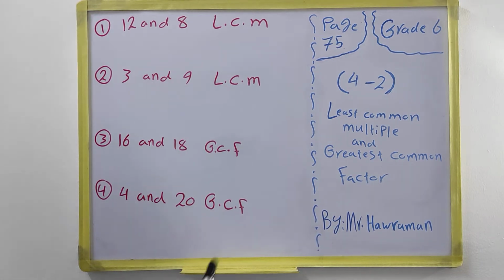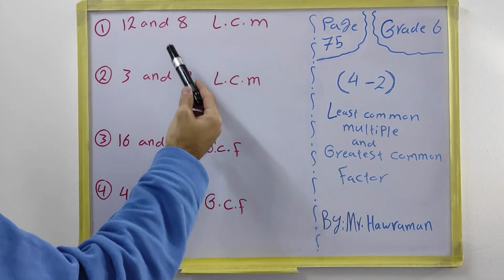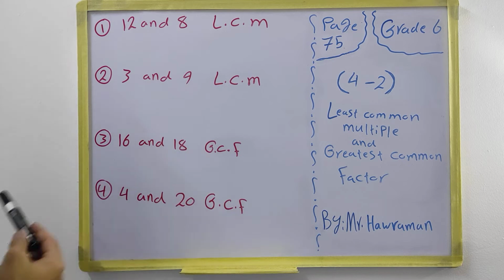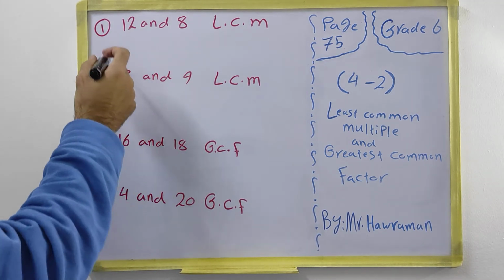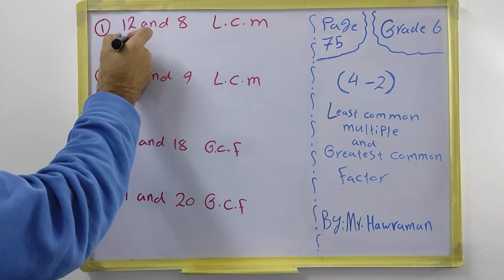Least means smallest, common means we have it in both of the sides, multiple means we take the multiples of them. The first example, the multiples of 12 and the multiples of 8.